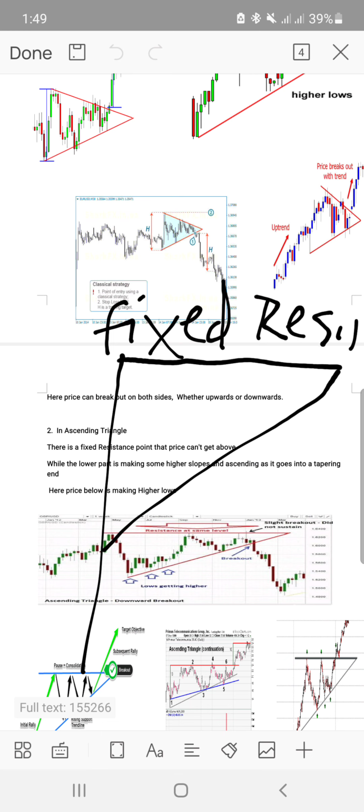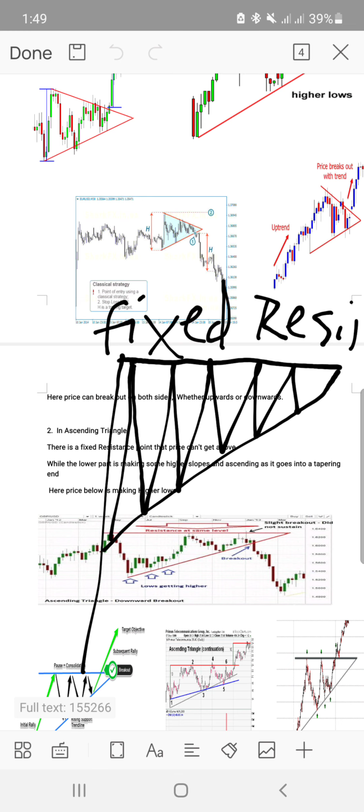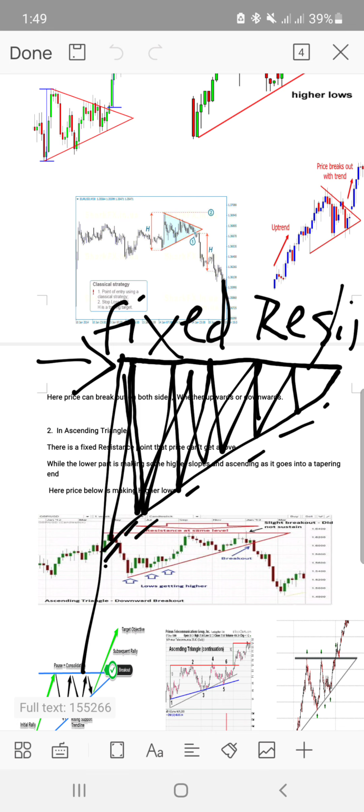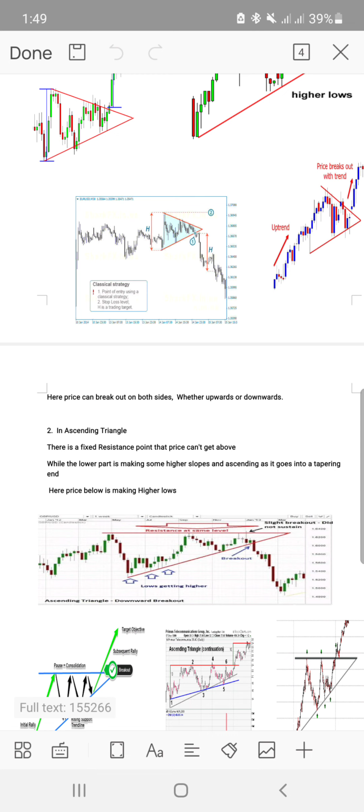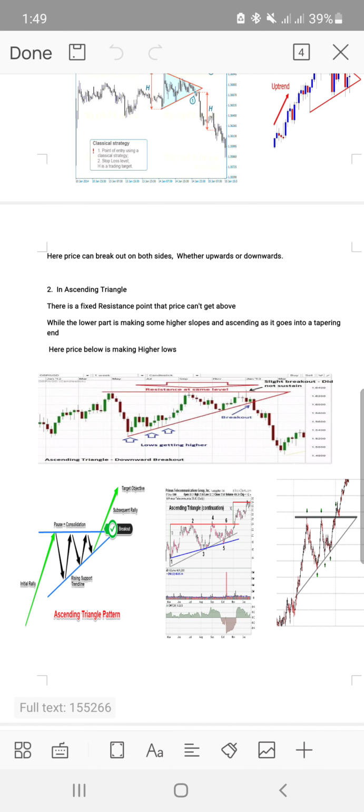As price rallies up, it hits the resistance, comes down, goes up, comes down, like that. This is our fixed point. This is the only point that is not fixed. So price is going up, coming down like this until price breaks out.